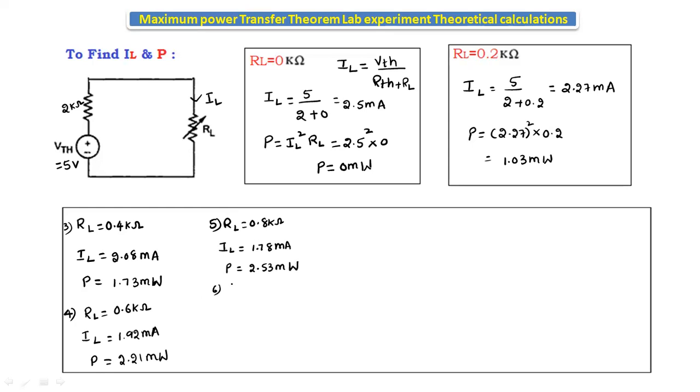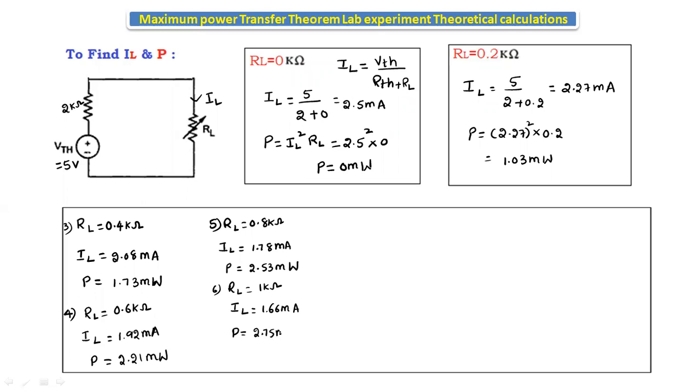Next, for the sixth value, we will take RL is equal to 1 kilo ohm. For this, we will get IL is equal to 1.66 milliamps, and the power we will get is 2.75 milliwatts.